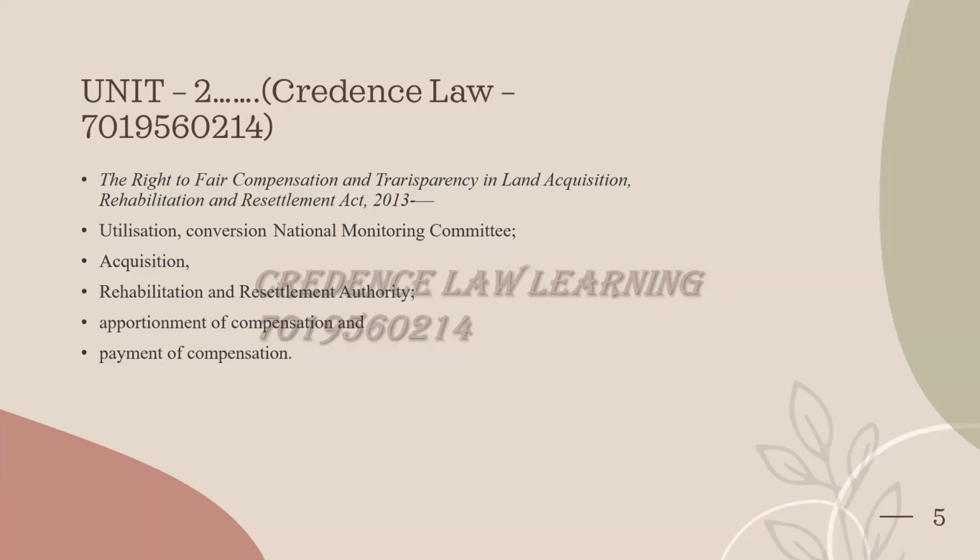And then there is the Rehabilitation and Resettlement Authority, given in chapter 8, containing sections 51 to 74. This is again the most important from the second unit of the syllabus. We can expect this question even in the exam. That is the Rehabilitation and Resettlement Authority, given in chapter 8.